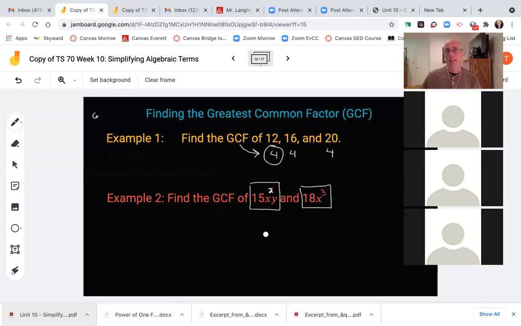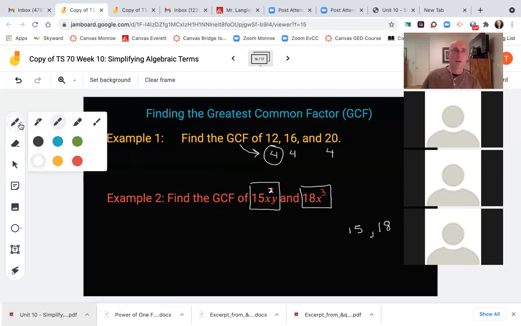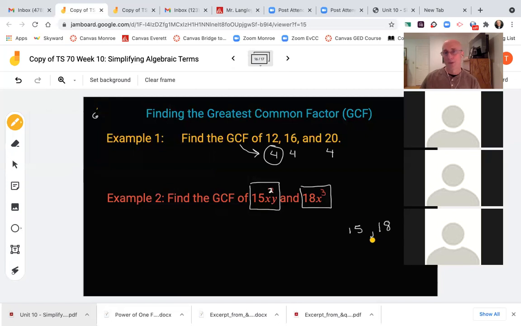All right, so this is going to be a bit of a jump for you, so hang in here with me, okay? I'm thinking, let's just look at 15 and 18, okay? Let's just put them individually by themselves for a second. What is the biggest number that goes into both these two numbers, okay? The biggest common number that goes into both of them, can you guess what it is? Okay. 5 goes into this, doesn't go into that. 9 goes into this, doesn't.